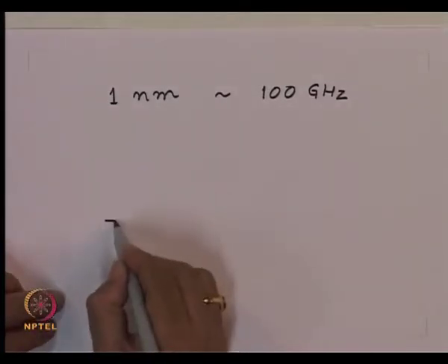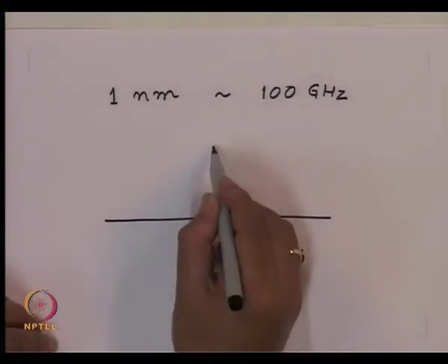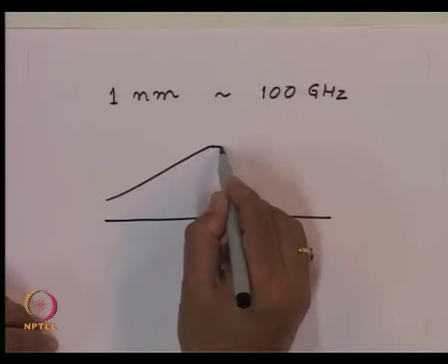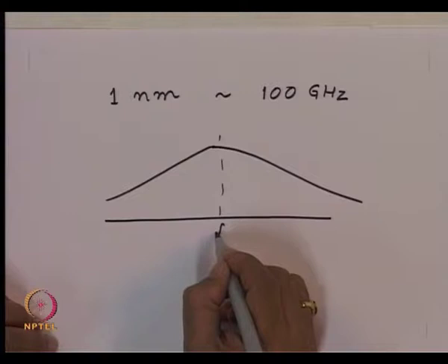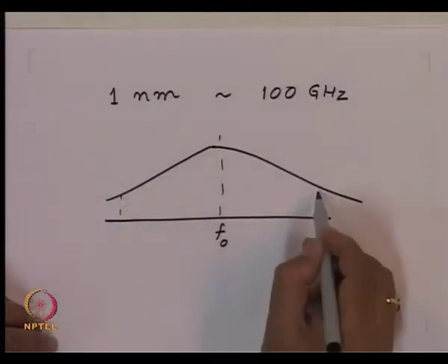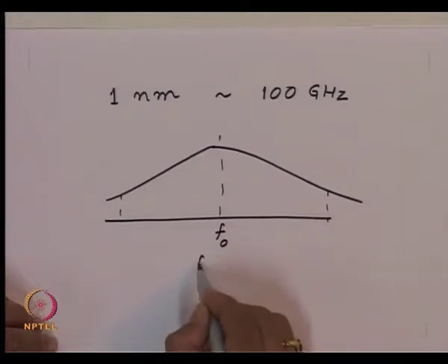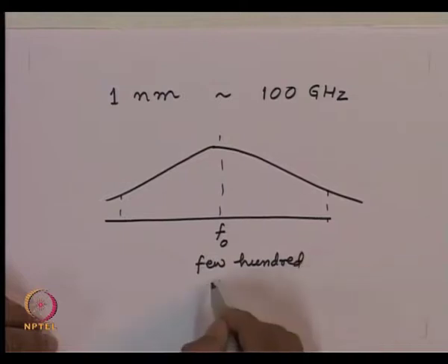So, if I look at the carrier without modulation, the carrier will look something like this. This is my center frequency f0, and typically this will be of the order of about few 100 gigahertz.